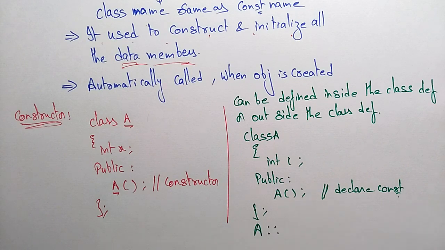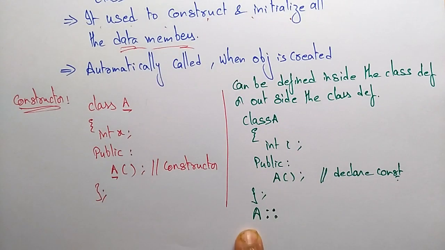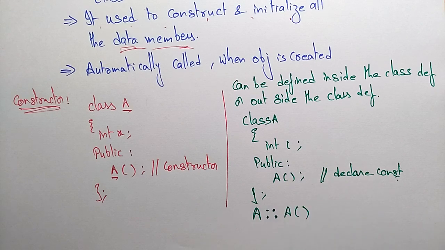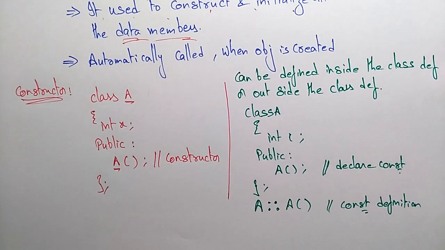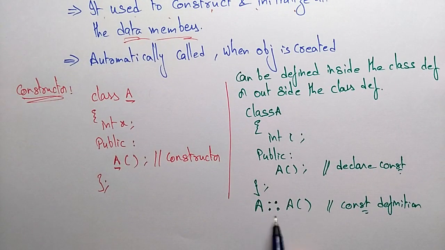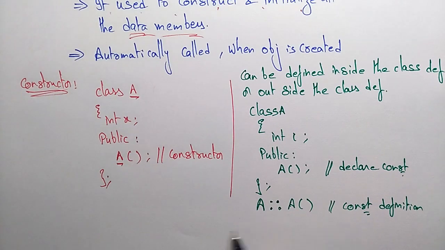If you want to define a constructor or any function outside the class definition, you have to use the scope resolution operator. So A is the class name, then the scope resolution operator, and the constructor. Here you can write the constructor definition, meaning you can initialize the values and write what method you want to perform. Here I am setting the value i equal to 1.